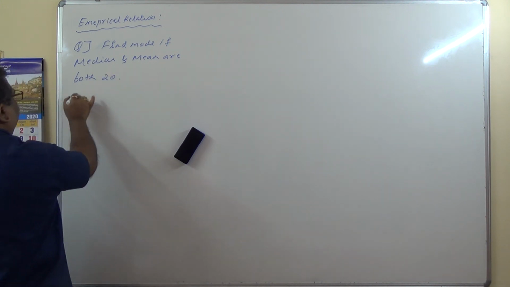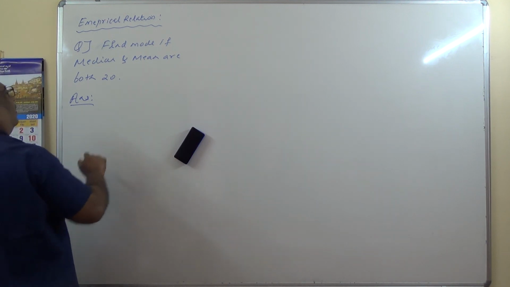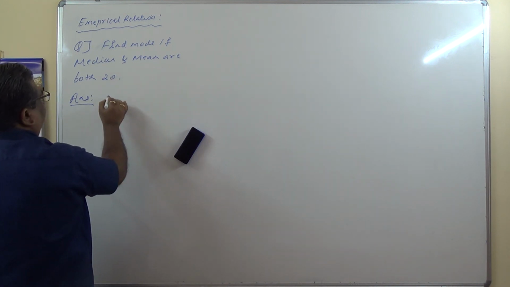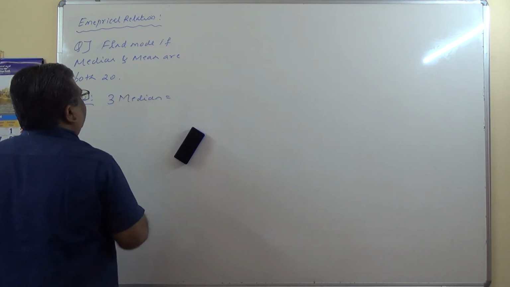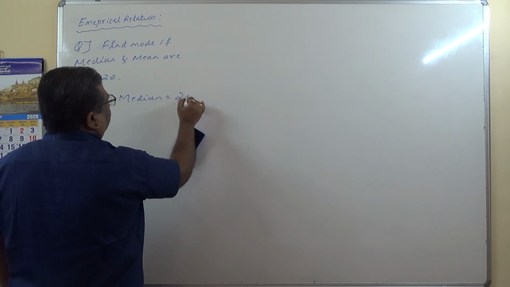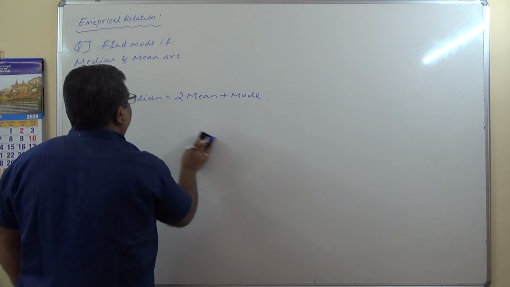So the answer for this one is, see, the empirical relationship between median, mode and mean is given by 3 times median is equal to 2 times mean plus mode. Is it right?